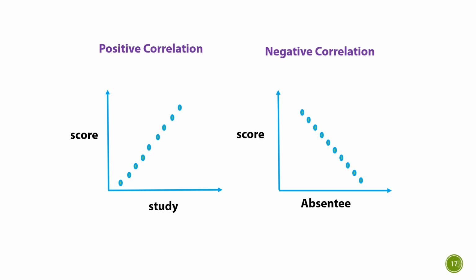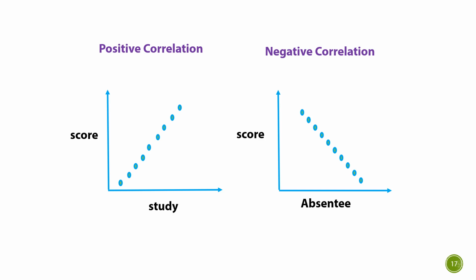The sign of the correlation coefficient represents the direction of the relationship. Positive coefficients indicate that when the value of one variable increases, the value of the other variable also tends to increase. A positive relationship produces an upward slope on the scatter plot.